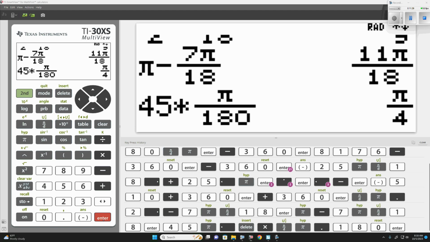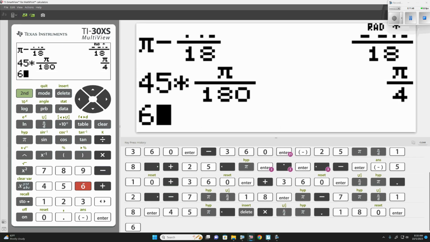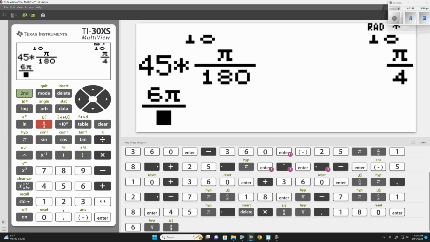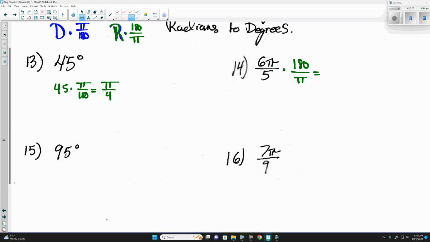Pi over 4. Six pi over 5, we're going to multiply it by 180 over pi. It is 216.